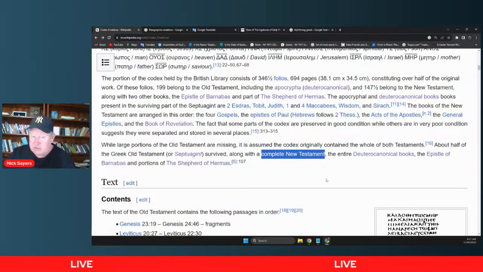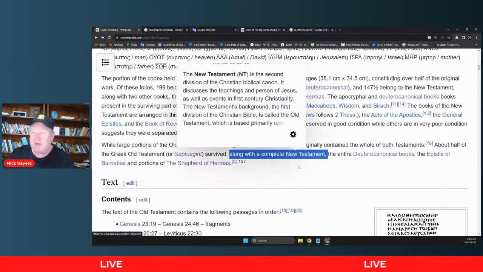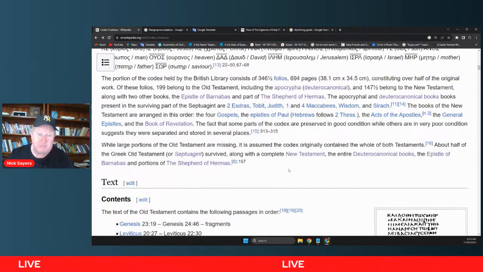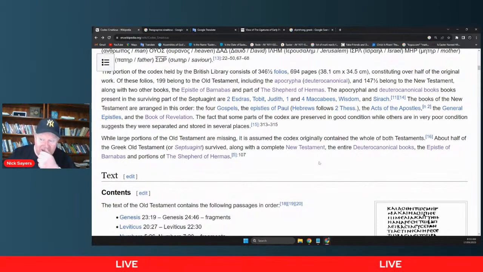So the whole entire New Testament survives. So that's where we, as Textus Receptus people, look at this and go, this causes problems because it has so many distorted readings, so many variants, so many problems, and they're trying to introduce these into modern Bibles. So that's where it comes in.